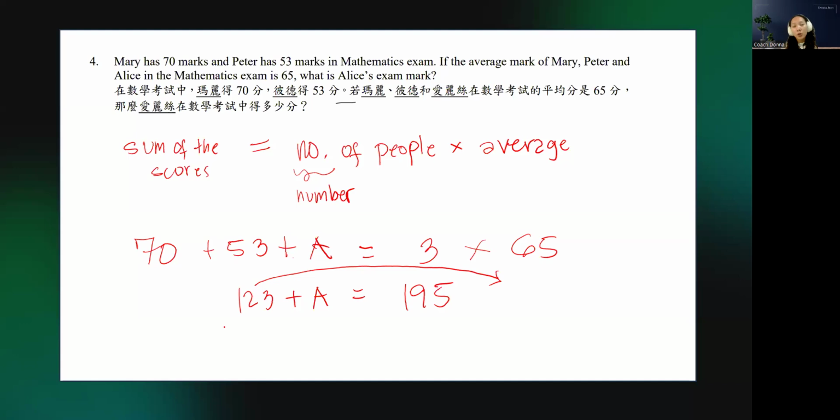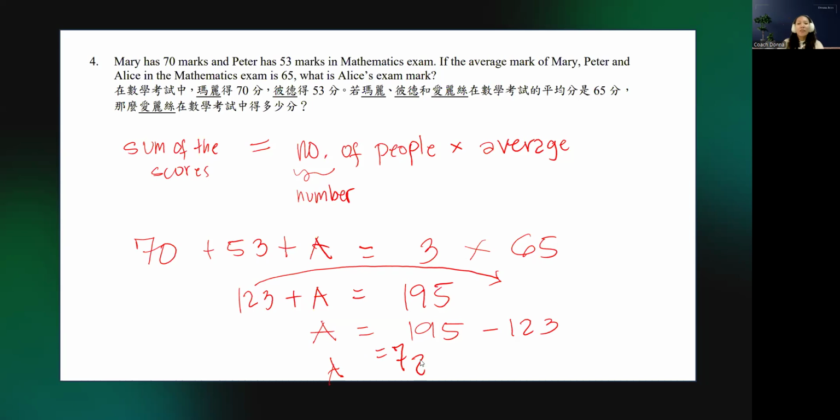We need to change that to negative when we transfer it to the other side. 195 minus 123, you'd get an answer of 72.